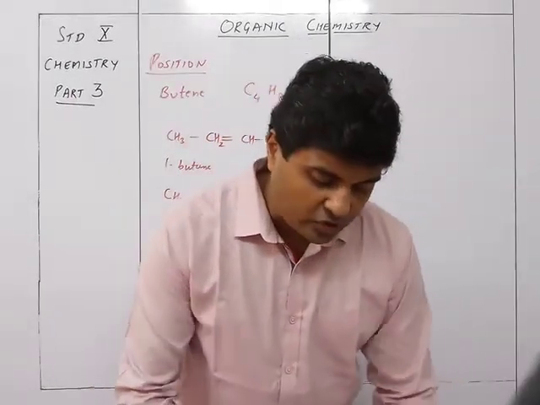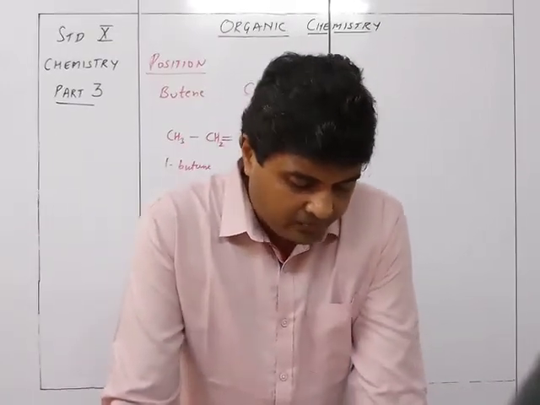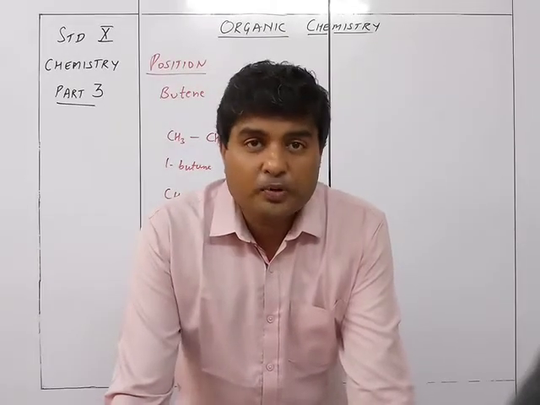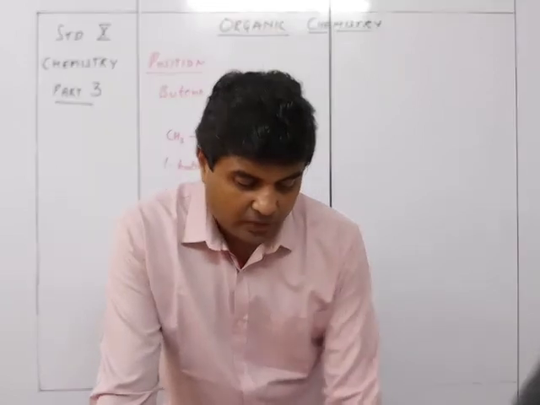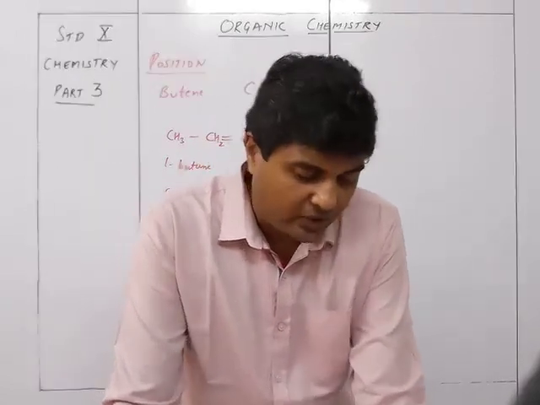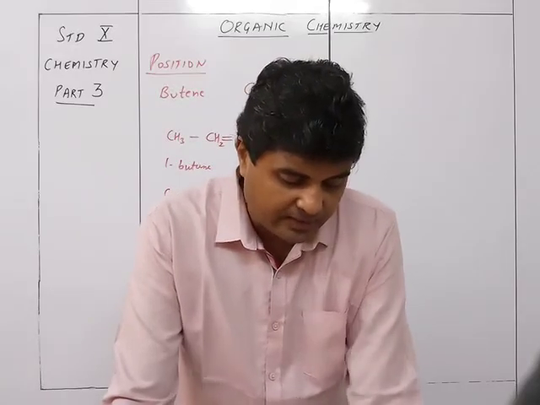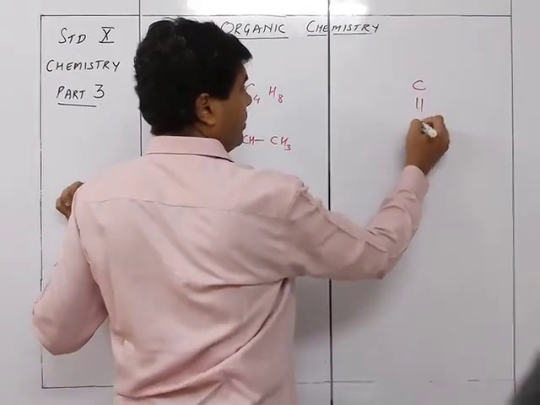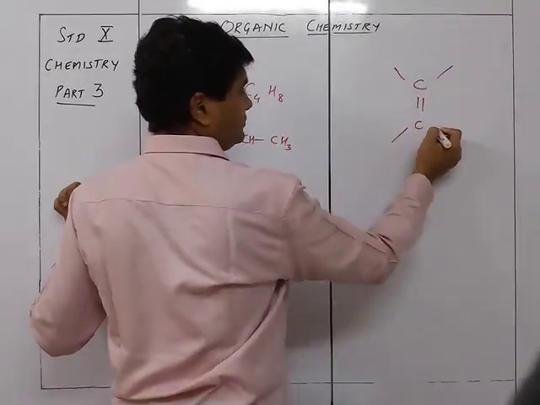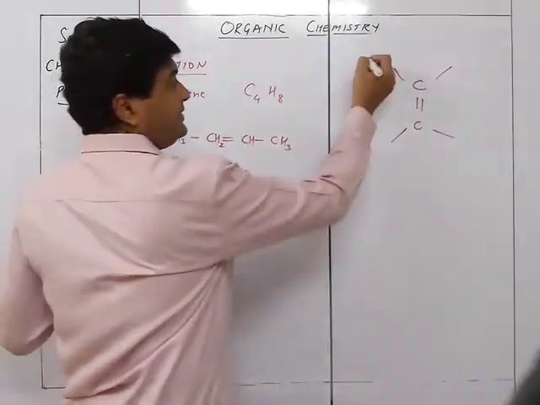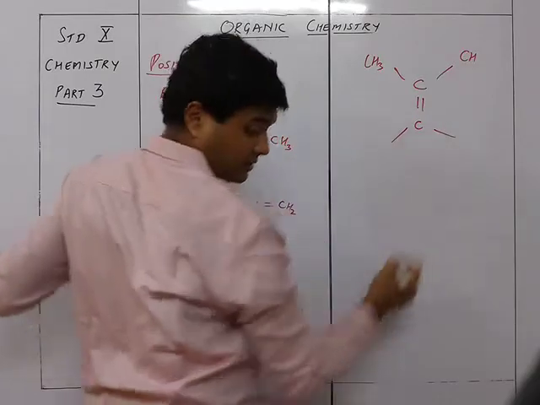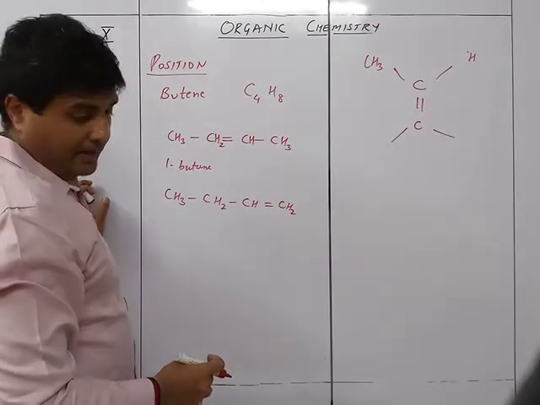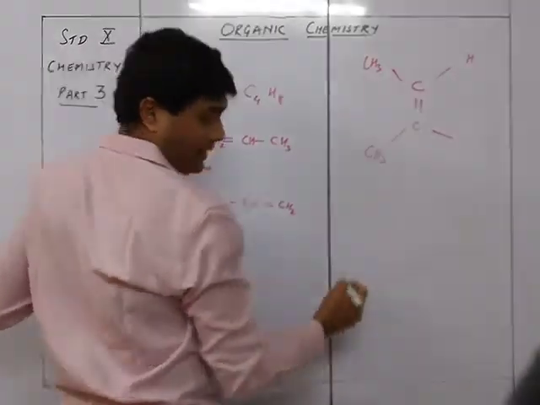And accordingly, there could also be the one which is called a geometrical isomer, wherein the only thing is that the position of the CH3 is different. It is not in your syllabus, so need not worry about it. For geometrical isomers, they are given the example of C4H8 only. So they are given C, then a double bond like this, and then you have bonds like this. One will be CH3 over here and only H over here, and then you have a CH3 over here and H over here.